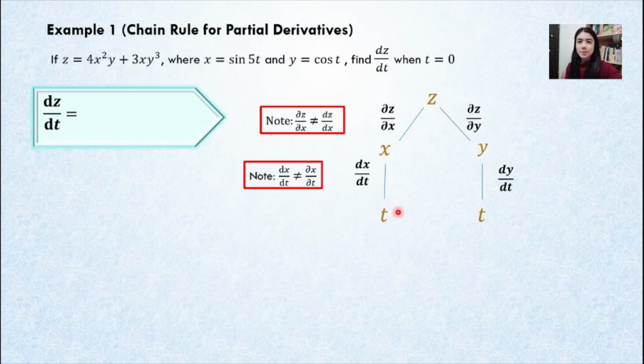This first branch is getting from the node z, moving from z to x and x to t. Along the path, you can see the partial derivative del z del x and the derivative dx dt. So you multiply both of them: del z del x with dx dt.